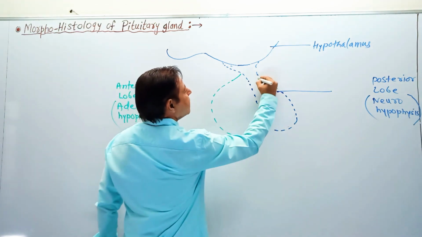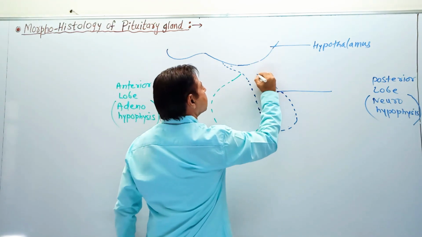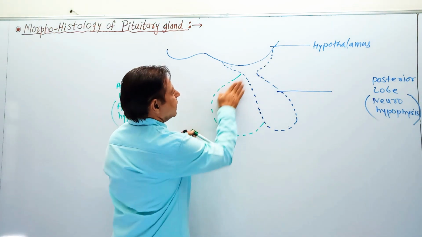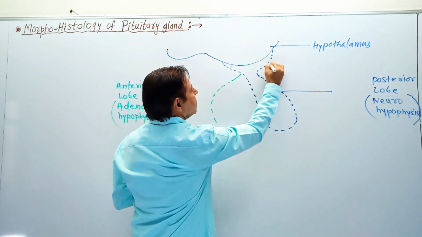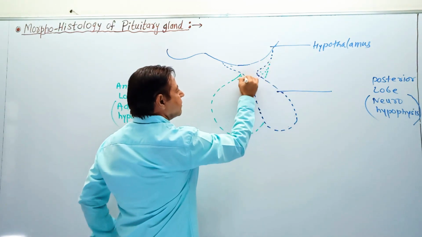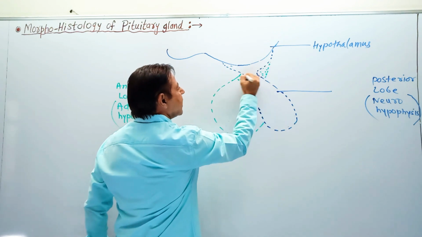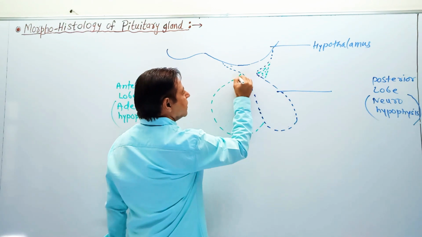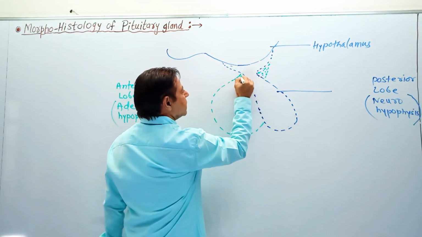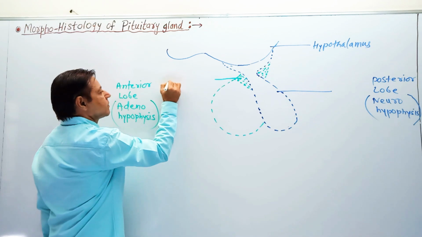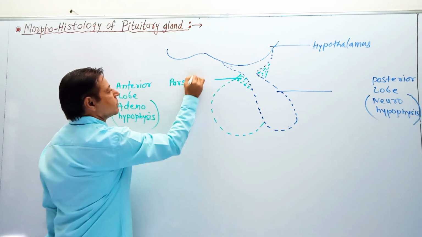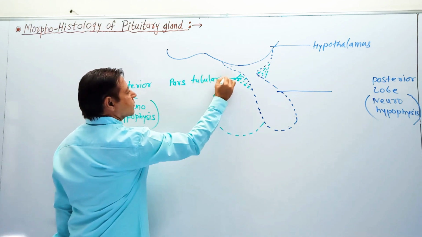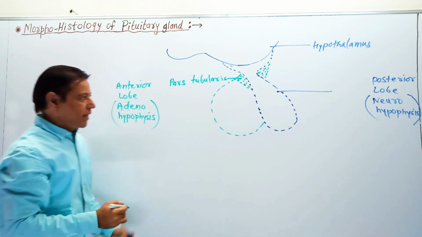This tubular collar-like portion, here is the tubular collar-like portion by which anterior lobe attaches to posterior lobe. It is called pars tubularis. This portion is pars tubularis.